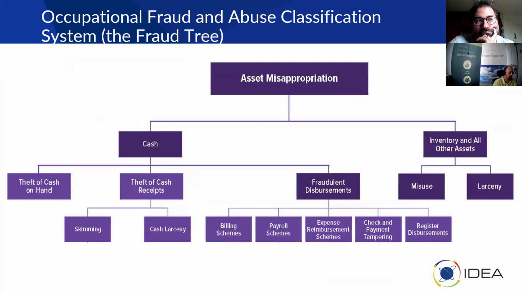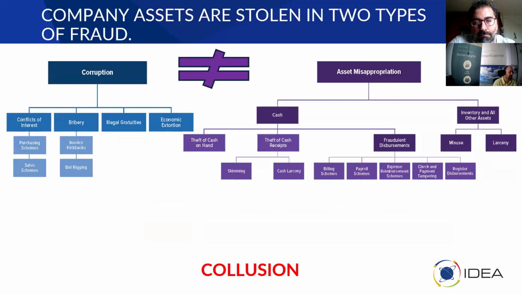Mostly every single company is losing money from asset misappropriation. Corruption is not asset misappropriation, because asset misappropriation happens with a single person, but if it is corruption, at least two persons or two different kinds of groups are involved.